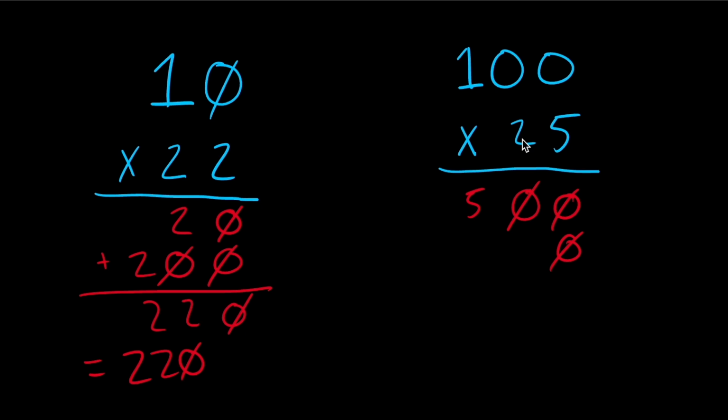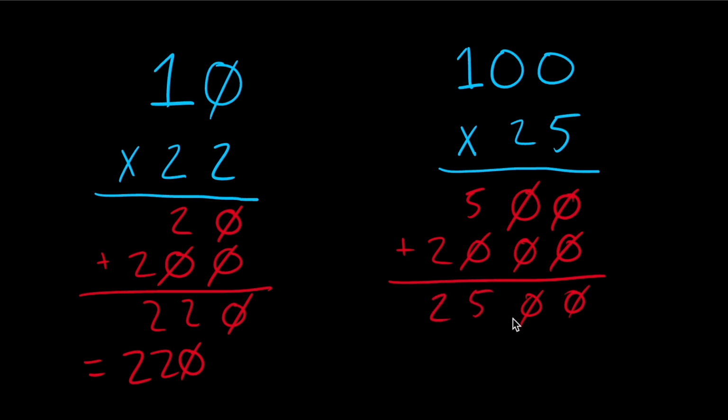And then we start again. 2 times 0 is 0. 2 times 0 is 0. 2 times 1 is 2. Then we add these up. And we did not use any digits after the decimal. So the answer is 2,500.